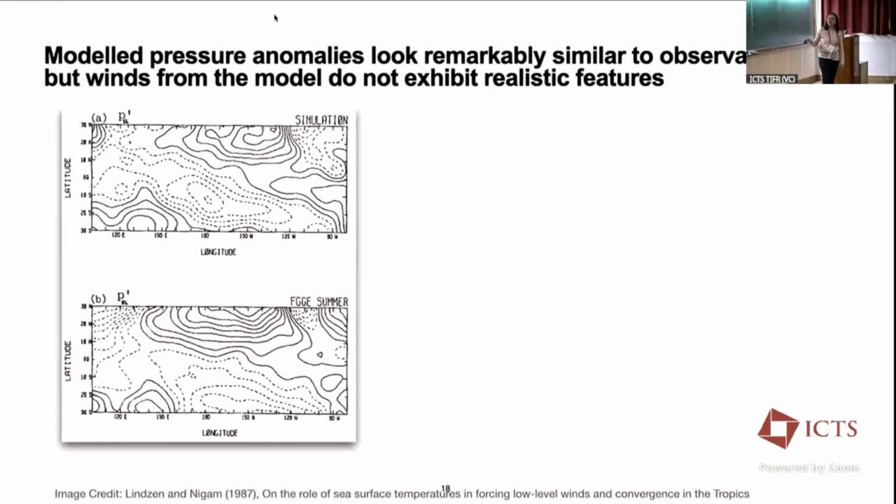They looked at the pressure that comes out of their simulation and how it compares with the observed pressure, and you see that it does a fairly decent job of capturing the anomalies.